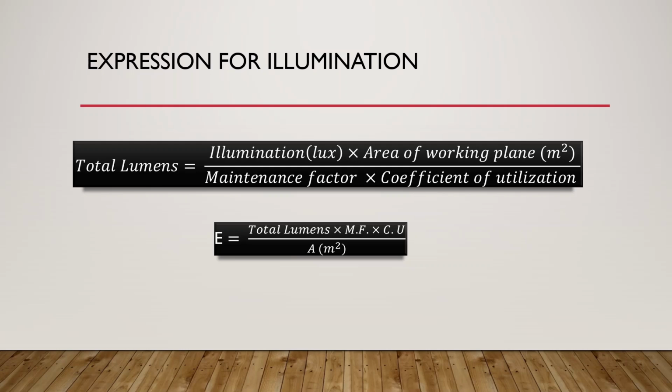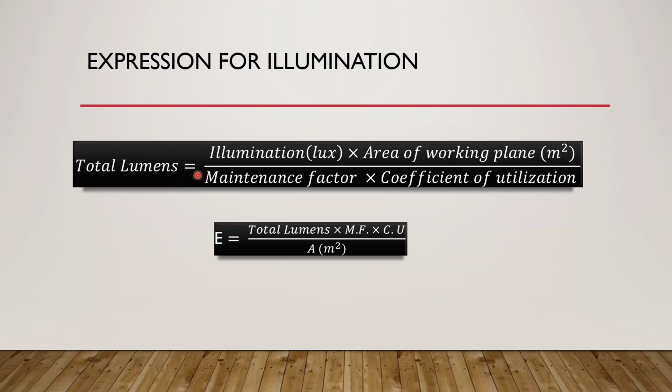So how can we calculate some things to help us design interior illumination? Let's look at expressions for illumination. The first one here, which I think is all we need, is the total lumen. Remember that lumen is the unit of the light flux itself.